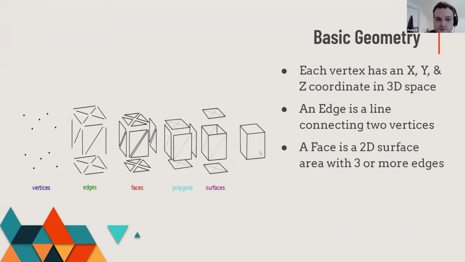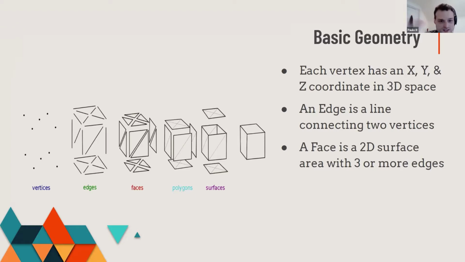So there's a basic geometry that goes along with this. Each one of those X, Y, and Z coordinates is what we call a vertex. It's one specific point, and then you build up your geometry by connecting these different points together. If you connect 2 vertices, you get an edge. If you connect 3 or more edges, you get what's called a face.